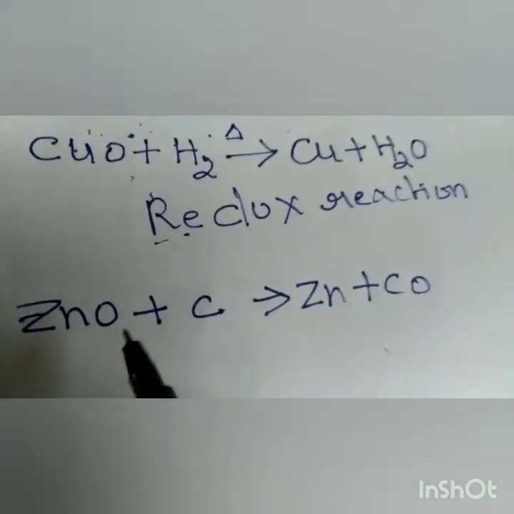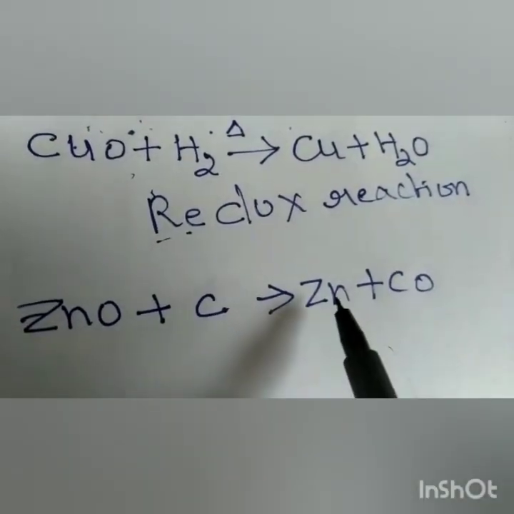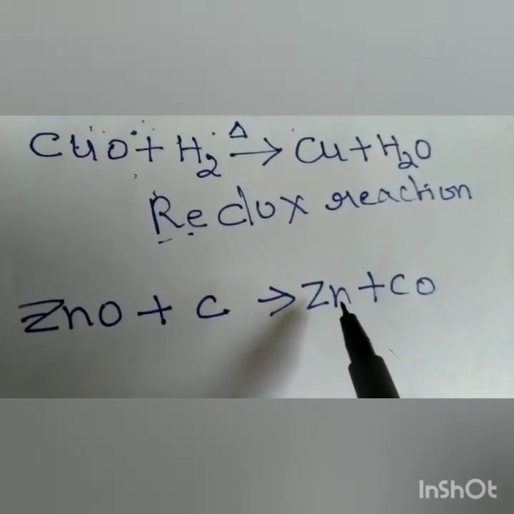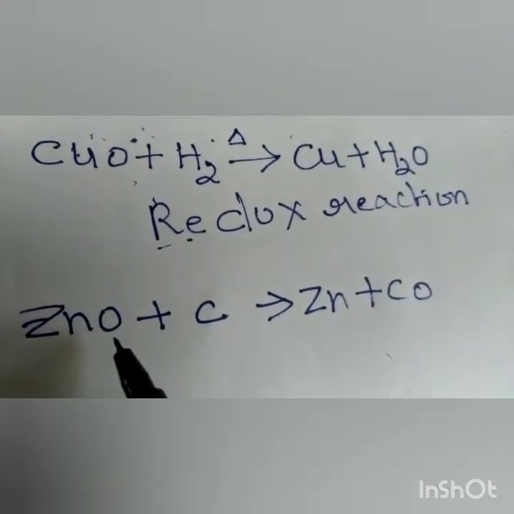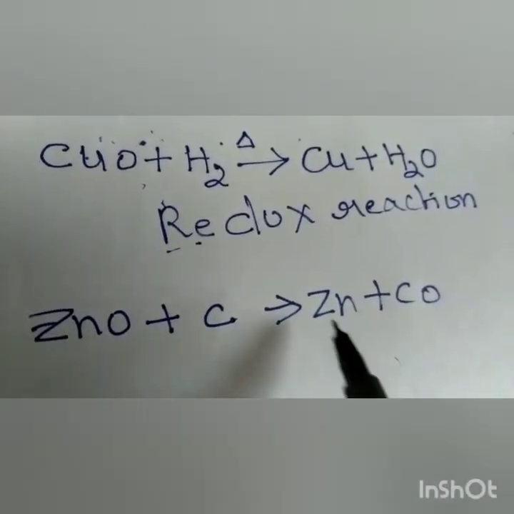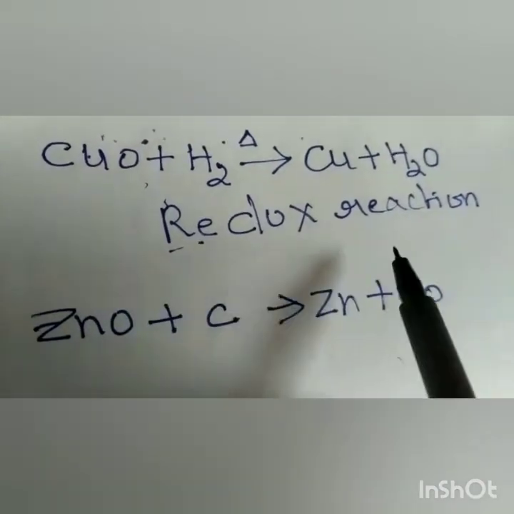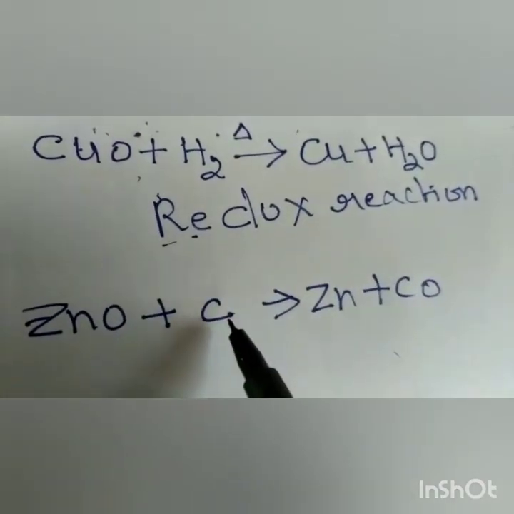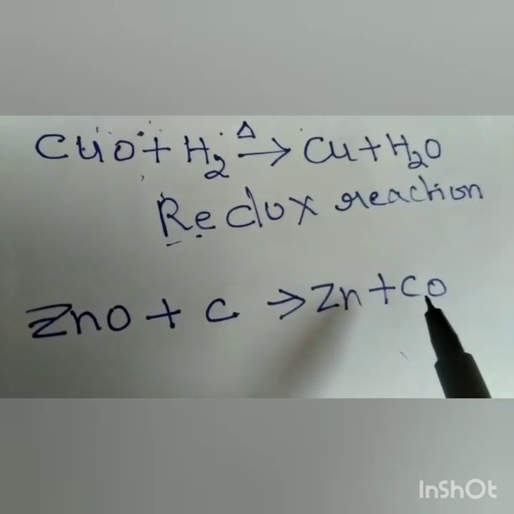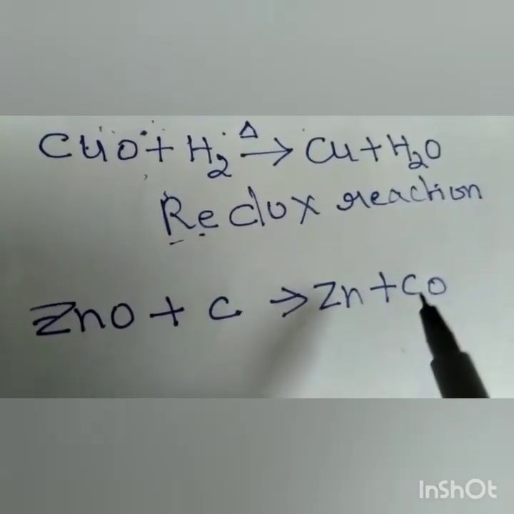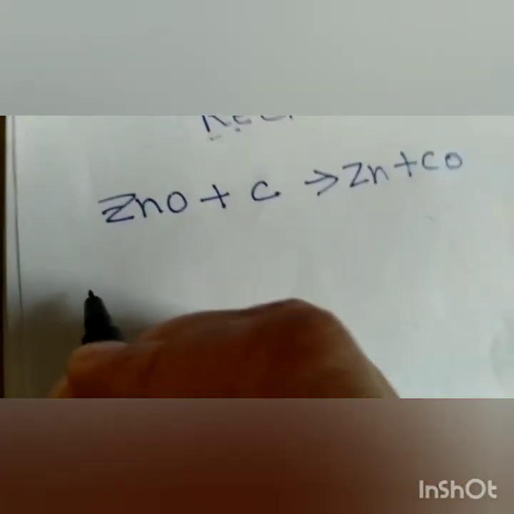So here what has happened? Zinc oxide is reduced to zinc because oxygen is removed. So here reduction is taking place and here oxidation is taking place because carbon is oxidized to carbon monoxide. Oxygen is added.